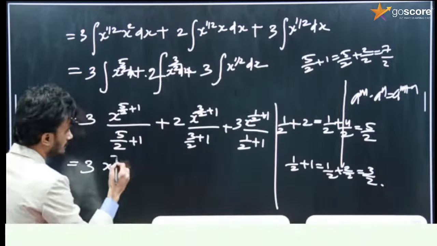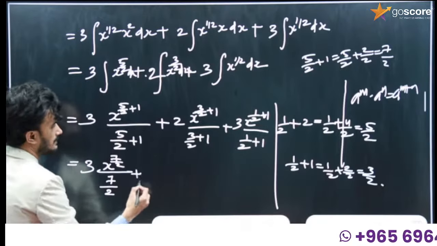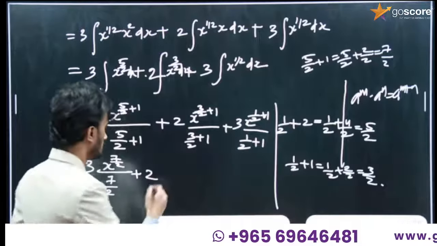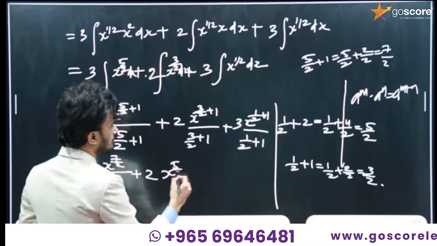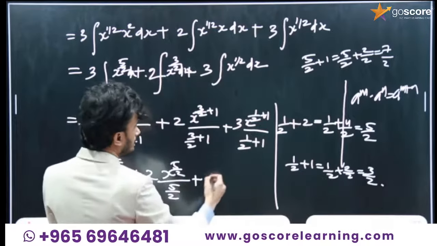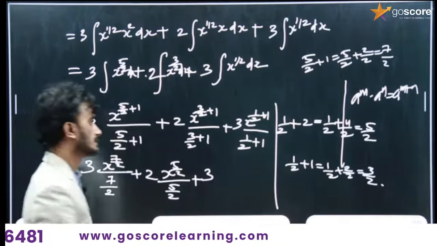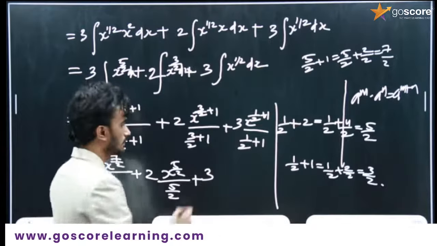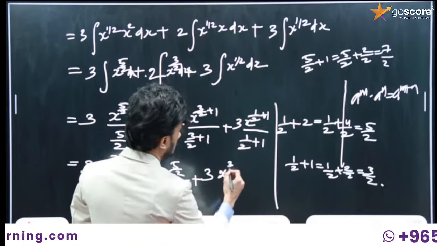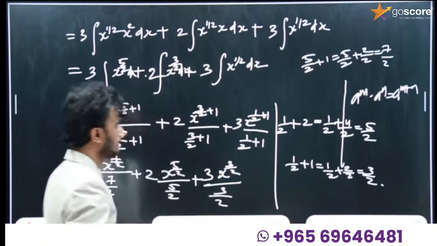So x raised to 7 by 2 divided by 7 by 2, plus 2 into x raised to 3 by 2 plus 1, which is 5 by 2, divided by 5 by 2, plus again 3 into x raised to 1 by 2 plus 1, which is 3 by 2, divided by 3 by 2.